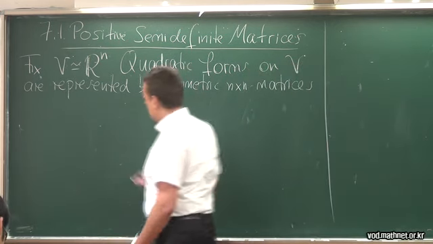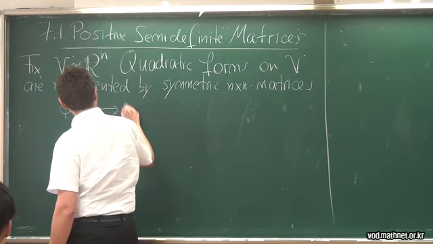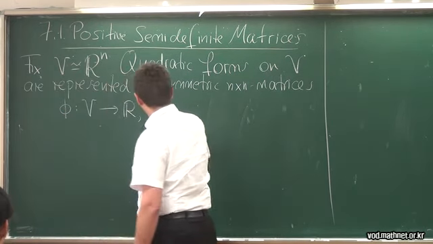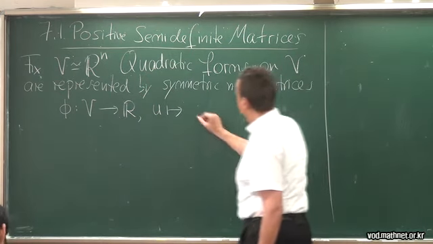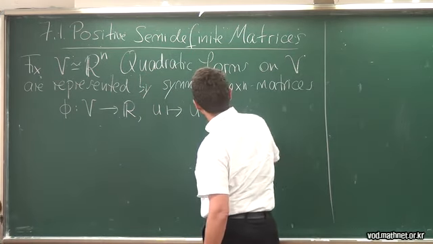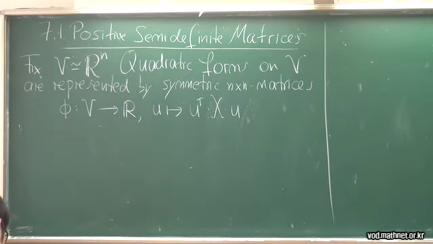So if you have a quadratic form phi from V to R, and U is a vector in the vector space, then we have the usual representation by a matrix X. So capital X is a symmetric n by n matrix that represents the quadratic form phi with respect to a fixed choice of basis. And U here is a column vector in R to the n.